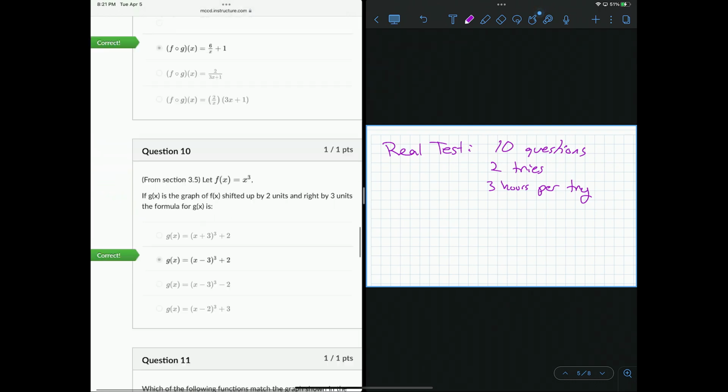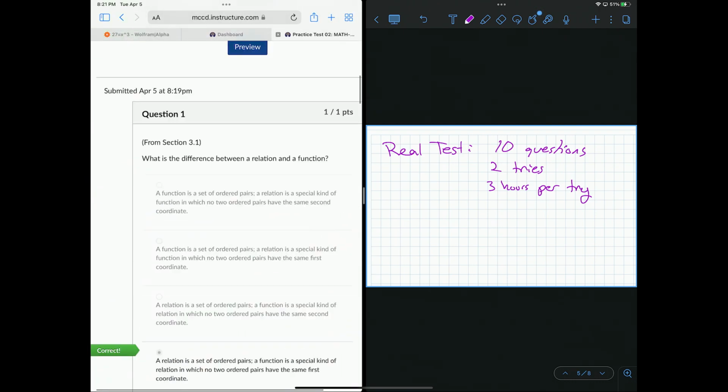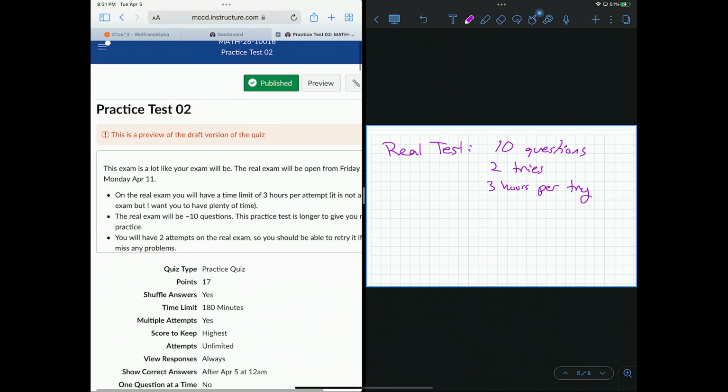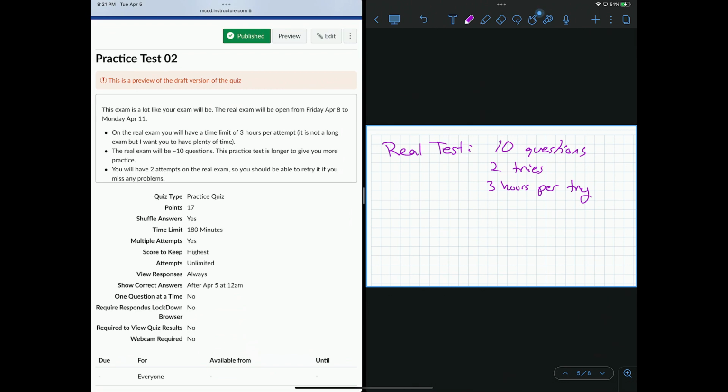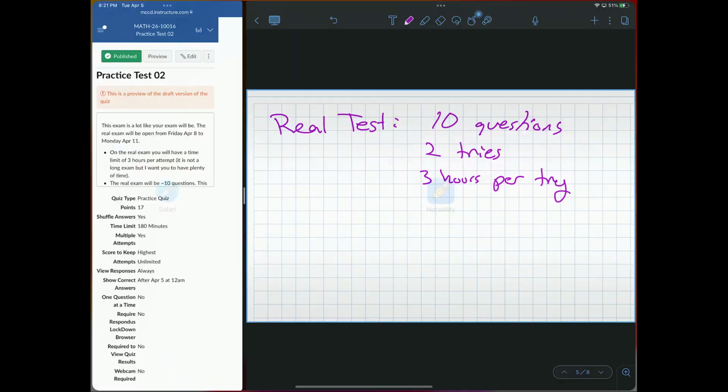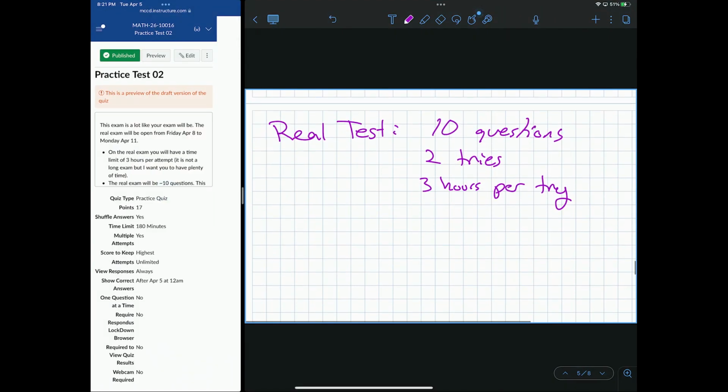So as long as you take the test in your first try, make sure you write down all the questions and solve all of them and make an attempt at it. But of course, you can take time in between the first try and the second try before you come back and take it. So 3 hours per try, I feel like is going to be plenty generous, right?